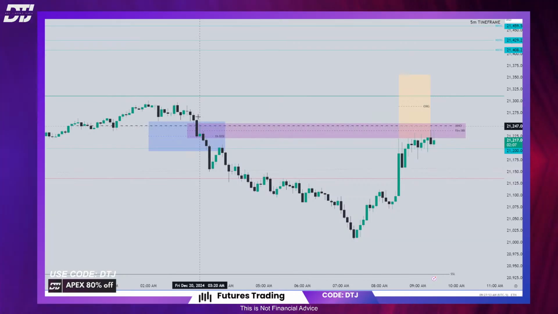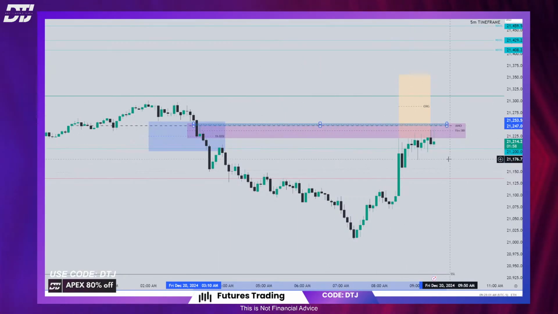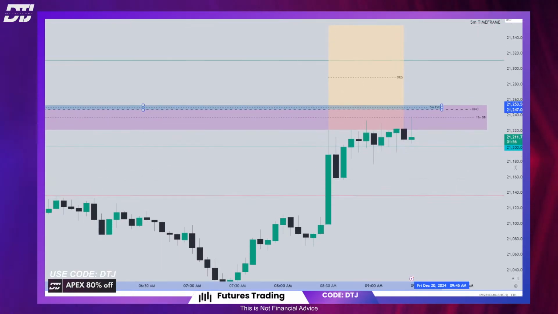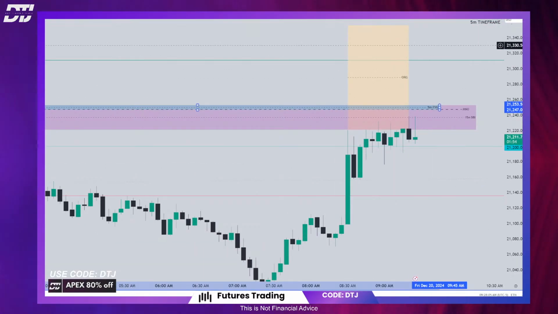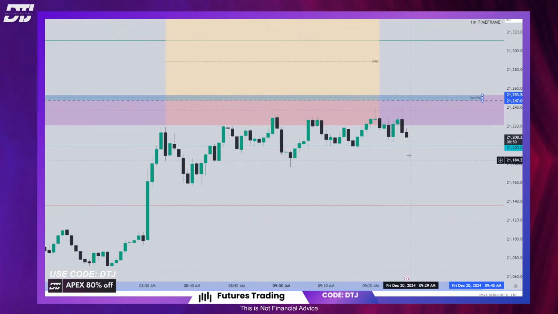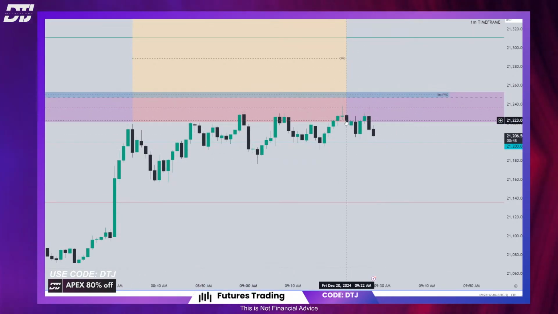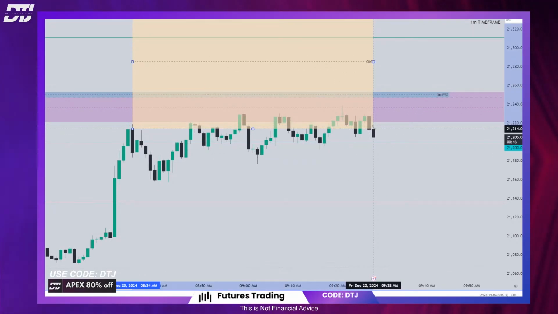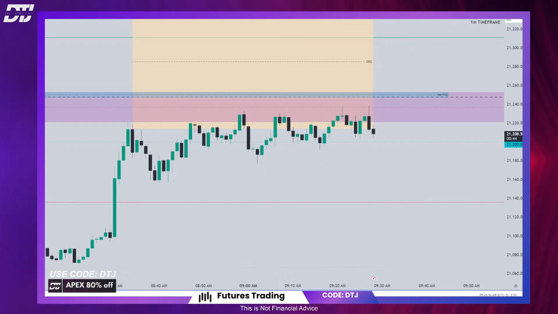Got another 5-minute fair value gap that's overlapping with the midnight open. I like that as well. So initially, I think I'm interested in price expanding higher. We'll see if that is actually what it's going to do or not.